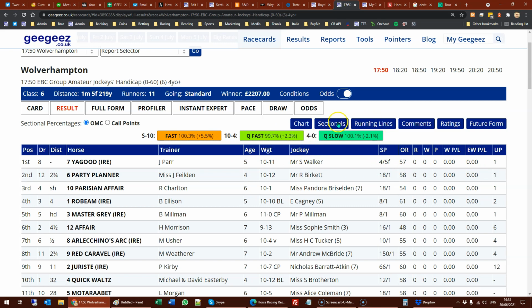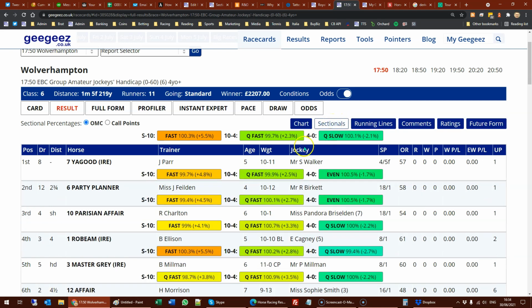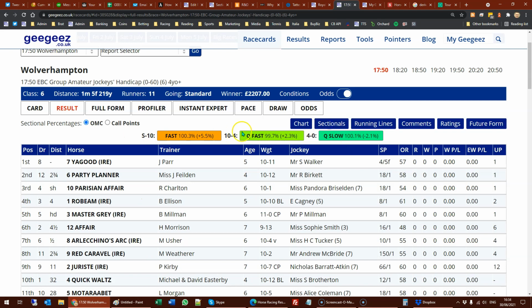The next thing I want to do is I want to click the sectionals button, and that's so these coloured blobs at the top are the race sectionals. So these data relate to the leader at the 10 furlong pole for S to 10, the 4 furlong pole for 10 to 4, and the finish line for 4 to 0.